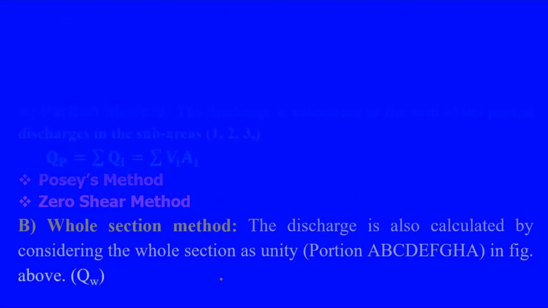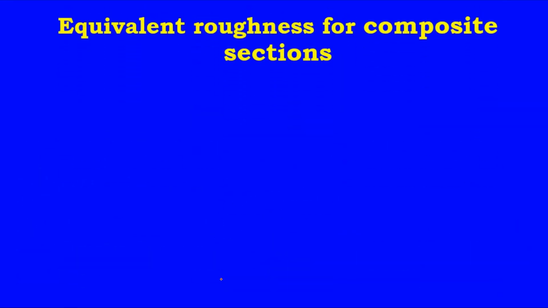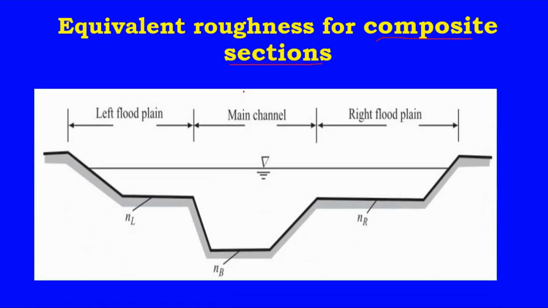Let us see the methods for computing equivalent roughness of a composite section. A composite section is just a section in which the bed roughness, or the roughness coefficient, is different for each boundary along its weighted perimeter. Let us see.